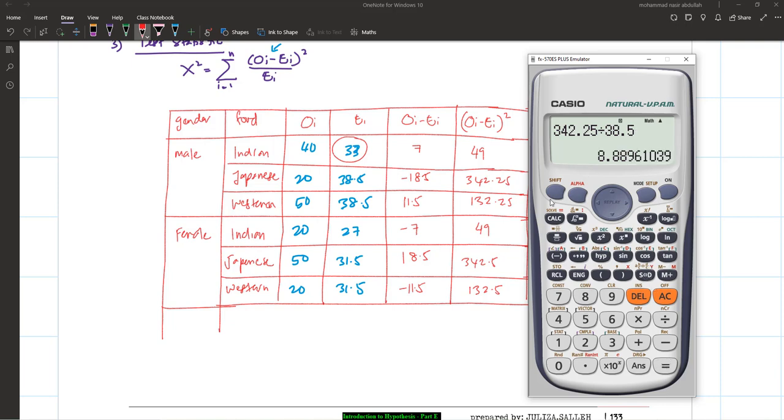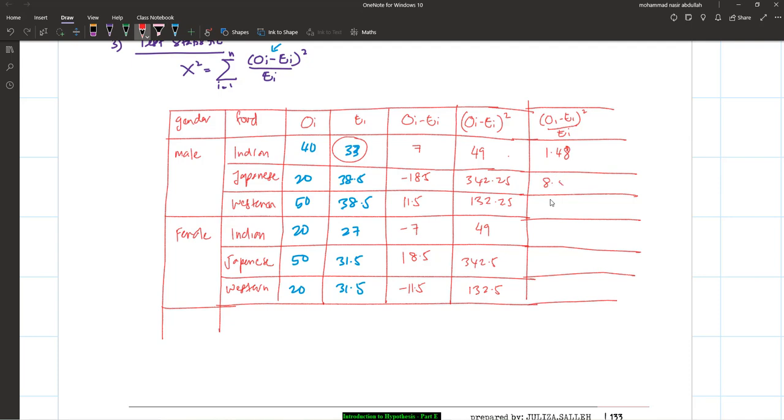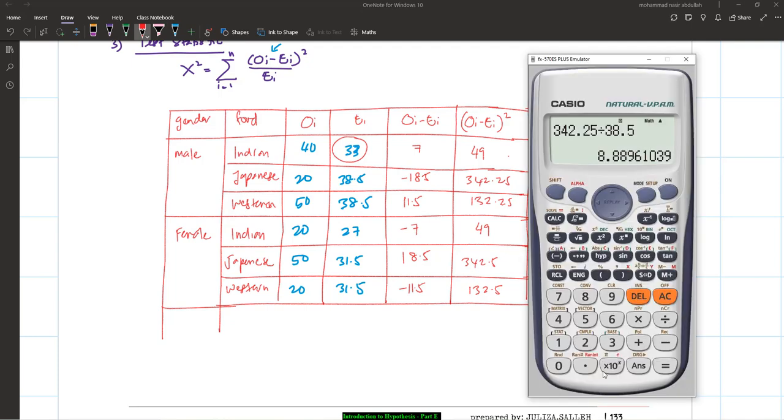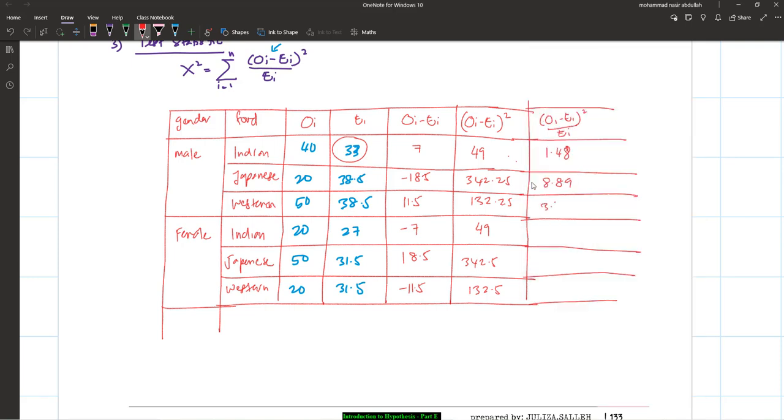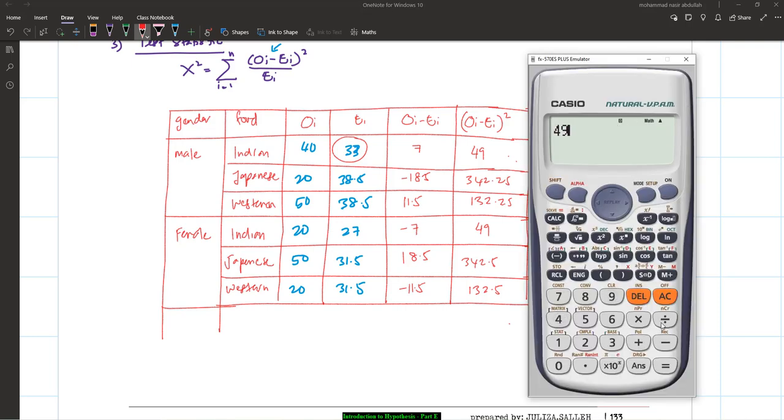It should be equal to 8.89. And next one is 132.25 divided by 38.5 should be equal to 3.44. And then 49 divided by 27 should be equal to 1.82.